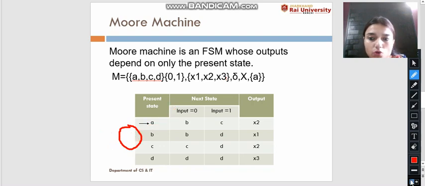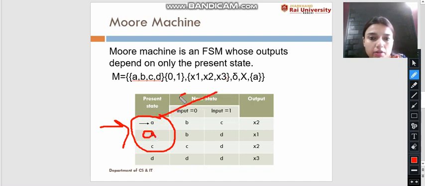I will draw it once again. We have initial state A, then on giving 0 we reach B, on giving 1 we reach C.